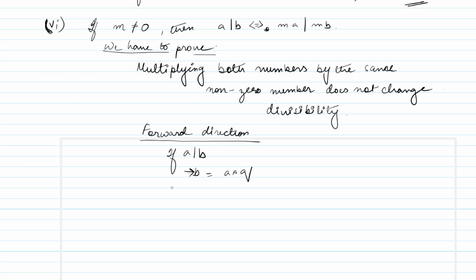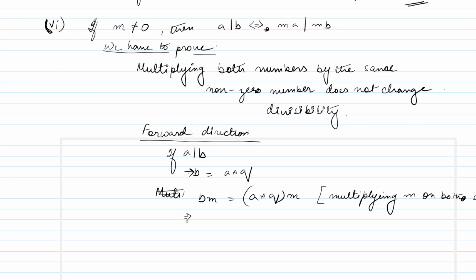Now if we multiply M on both sides, BM equals A into Q into M, correct? So that means MA divides MB.